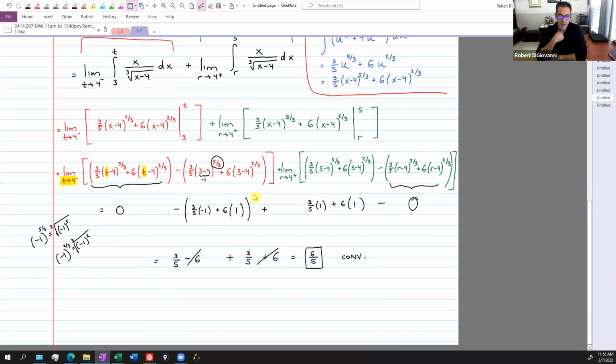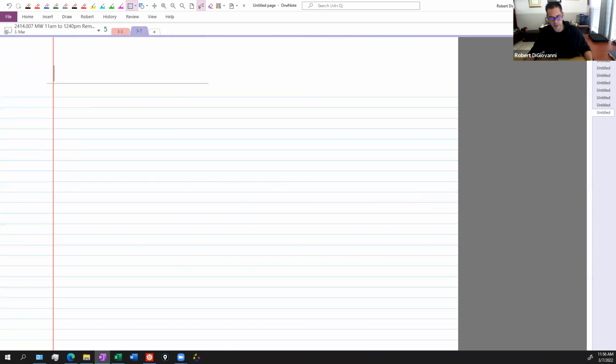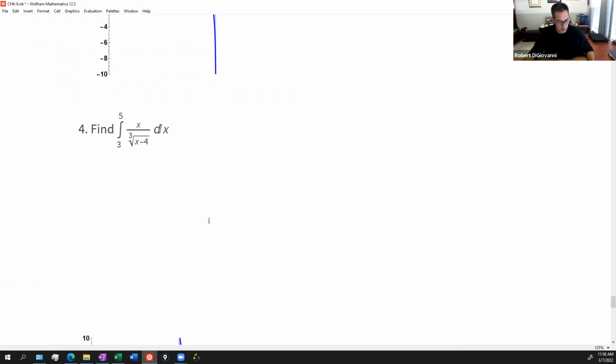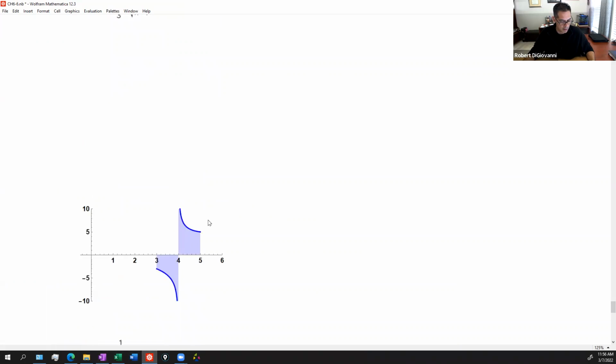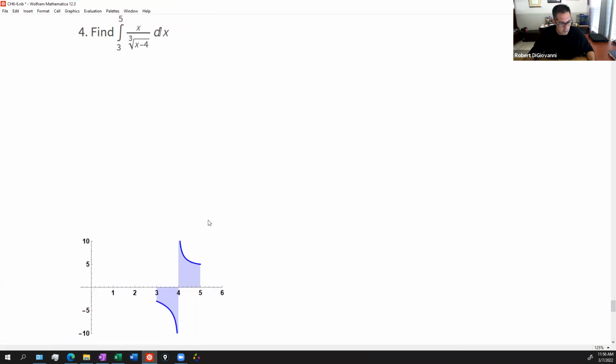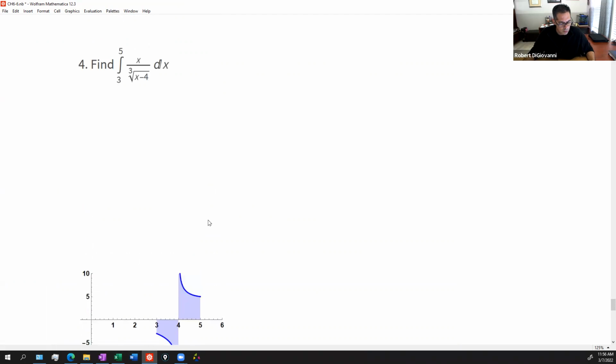No, it's that if you look, I guess the best way that I can explain this is, let me go look at the picture. This is the graph of the function, right? Wait, is this it? Hold on a second.